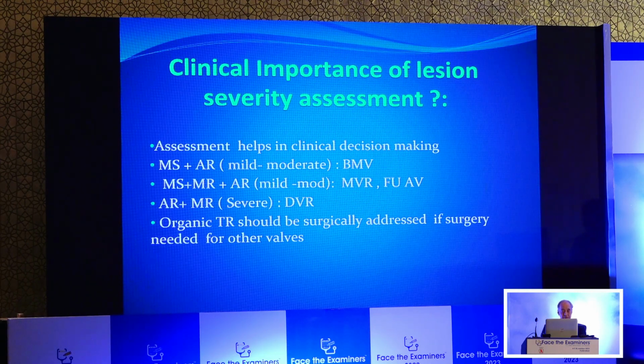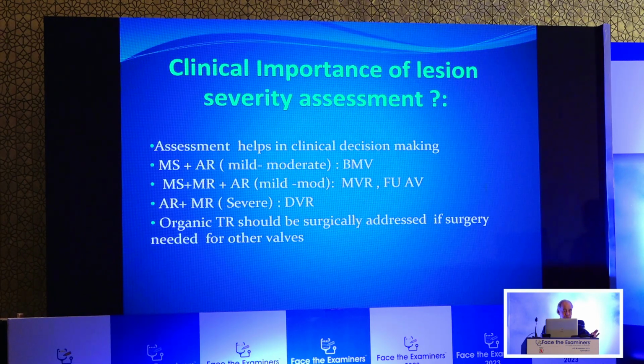if AR is mild or moderate, and if valve morphology is suitable, you can still send this patient for a balloon mitral valvotomy. If you have a patient with MS and MR and aortic valve disease is mild or moderate, you can send this patient only for mitral valve replacement and follow up the aortic valve lesion. If there is severe disease of both the valves, aortic and mitral, that definitely requires a double valve replacement.